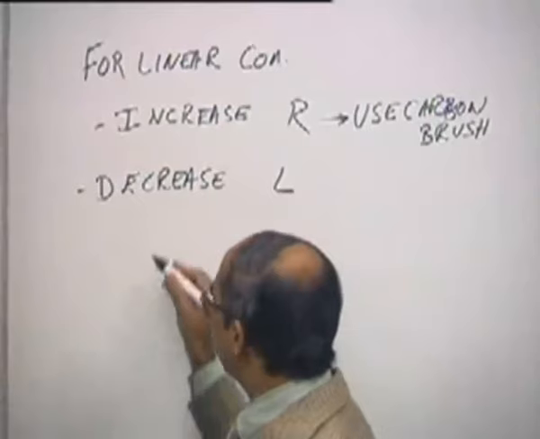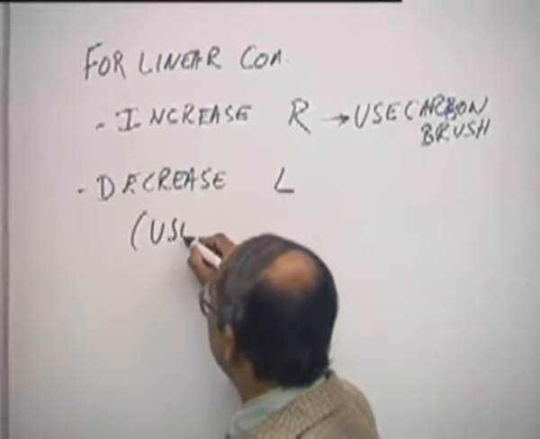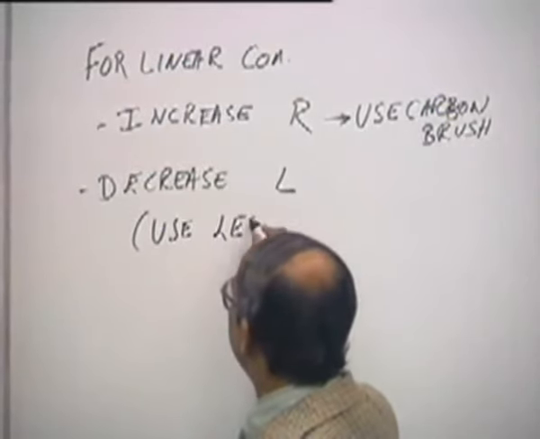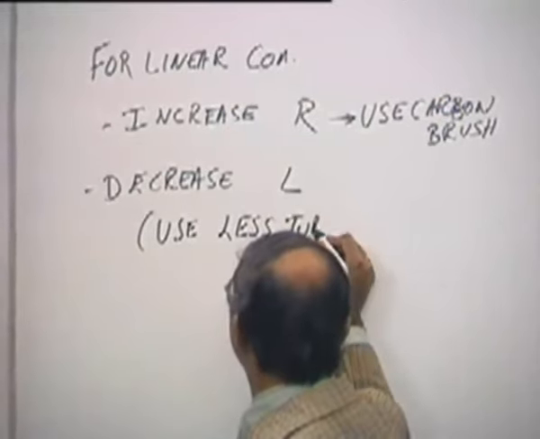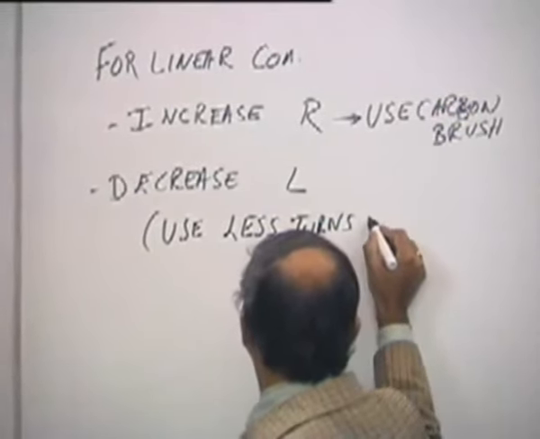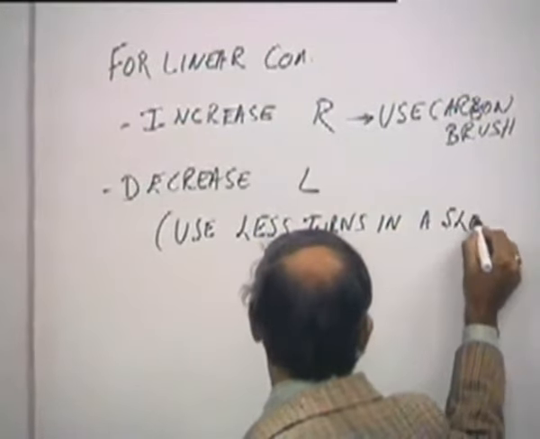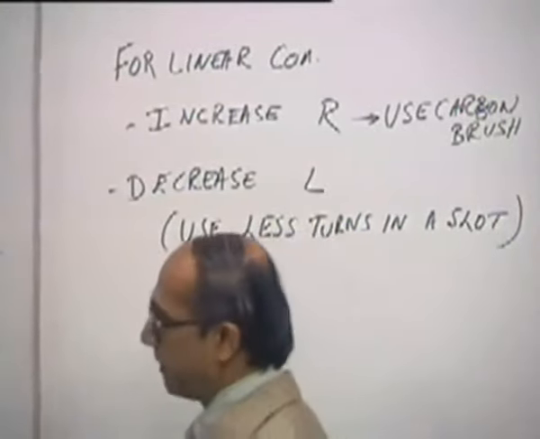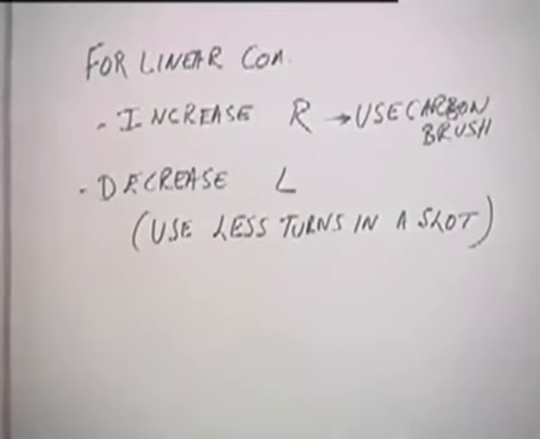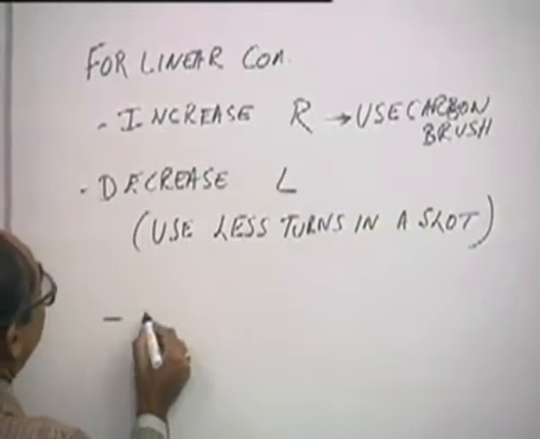And to decrease the inductance, that means use fewer turns in a slot. Okay. Now this way we try to have an improved version. This is called resistance commutation.